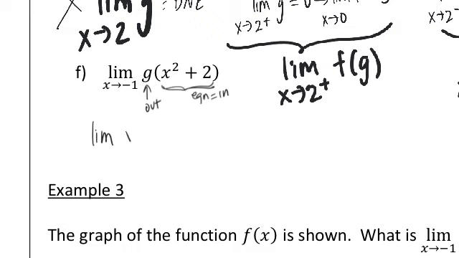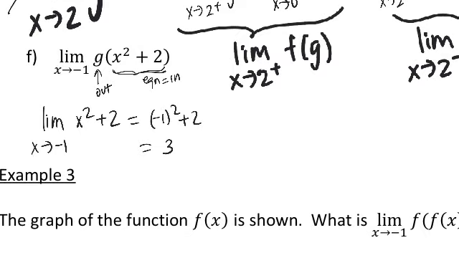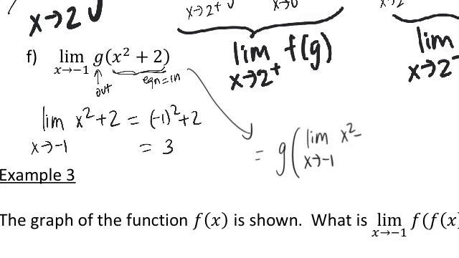So we expect that the inside limit will exist, and that's equal to 3. The outside function is g, and g we know is continuous at 3, right? So that means that this limit does exist, and I can move this inside like that, and I can get an answer of g of 3, which is equal to 1.